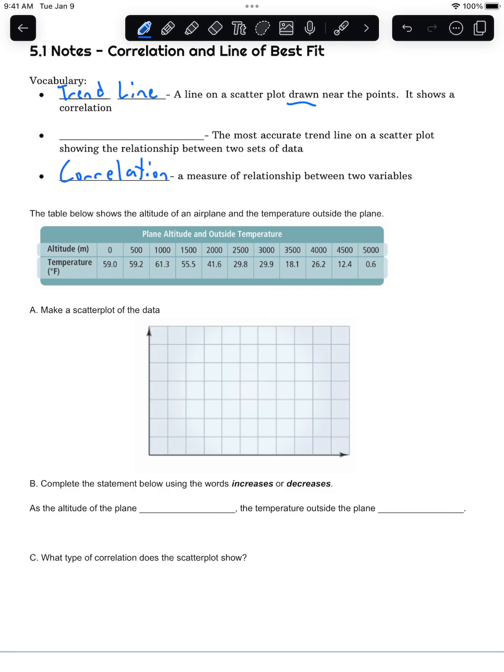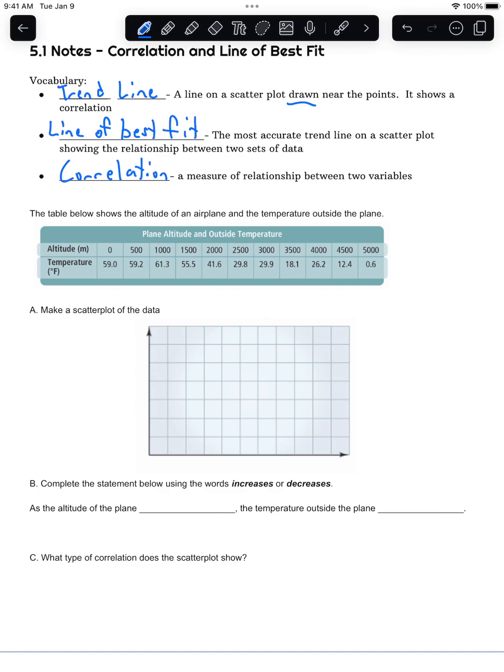The other thing that we're going to talk about is actually an equation, and what that equation forms is called the line of best fit. Here's what I want you to think about. If I draw a line in the middle of a whole bunch of points, I can be somewhat accurate with it, but I'm drawing it, so I'm not going to be as accurate as possible, most likely.